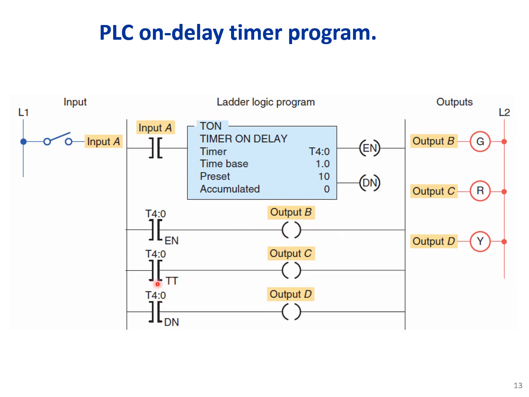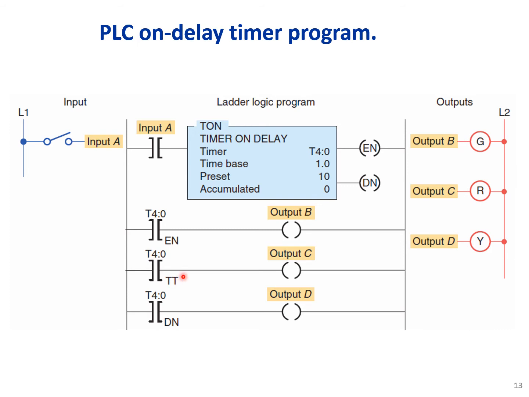We have TT. TT is basically going to become true once the timer is enabled but not yet done. And in some programming languages you have access to this specific variable, and in some you don't.